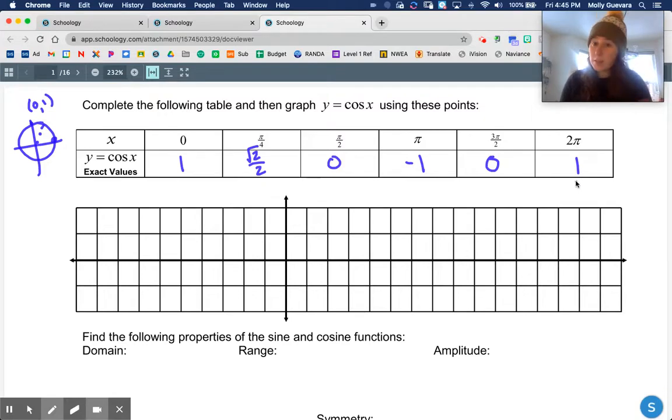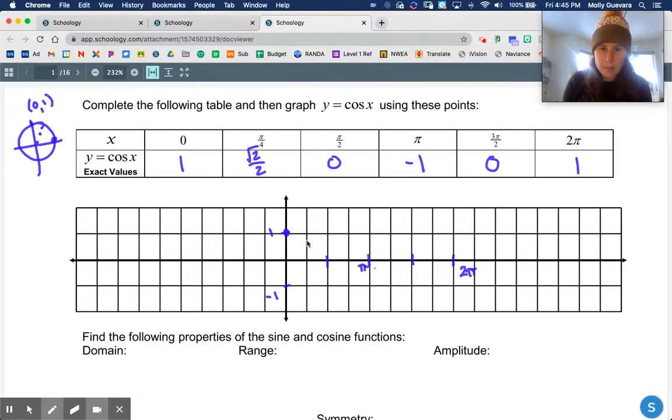So very, very similar. I'm going to draw my 4 tick marks. And I like to space them out every other. And I can call this 2 pi. This is pi. Only this time my points are a little different because I'm starting at 1. So I start at 1.